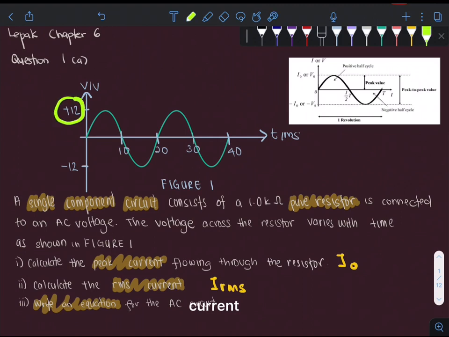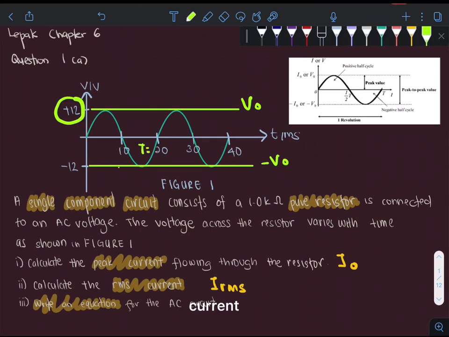This positive 12 volt here indicates that this is our maximum voltage V0, and the same thing here, this is also our maximum voltage but in the opposite direction, negative V0. The time taken for one complete cycle is the period, so this is our period here. Period is equal to 20.